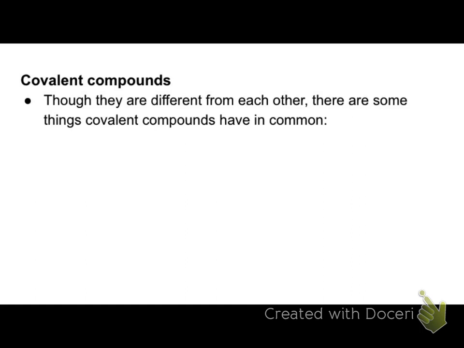Just like all nonmetals had similar properties and all metals had similar properties, all compounds formed by covalent bonds have some properties in common. That's not to say that there aren't outliers that don't fit this mold. Just like there are exceptions to every rule, there are exceptions to the common properties of covalent compounds. But most likely, if you were to discover a new covalent compound, it would have some of the following properties.